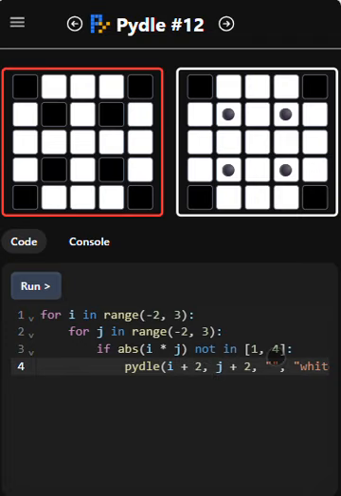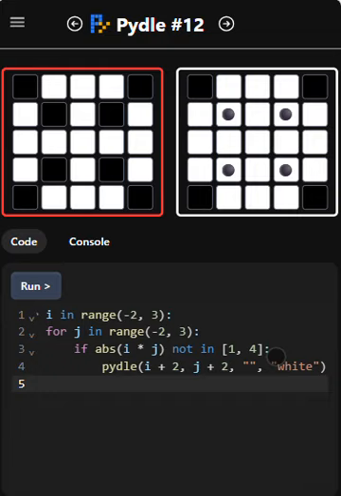Okay, so all that remains is for us to draw the dots. Let's do elif, and the dots are in locations where absolute i times j equals 1.